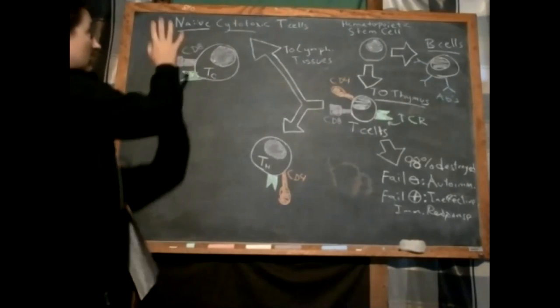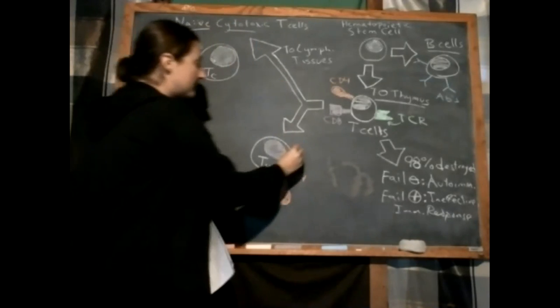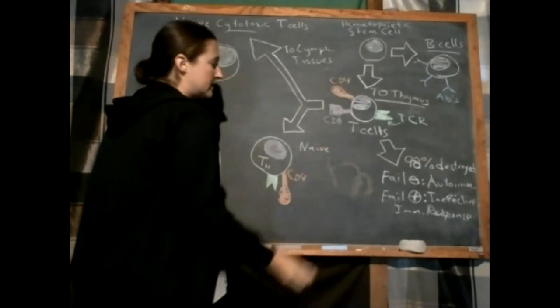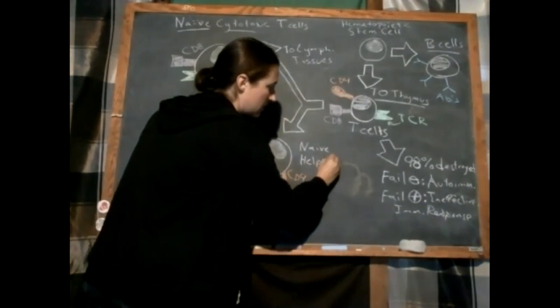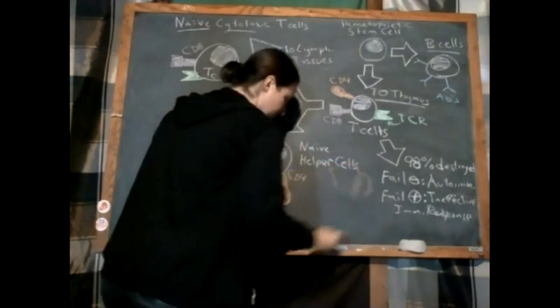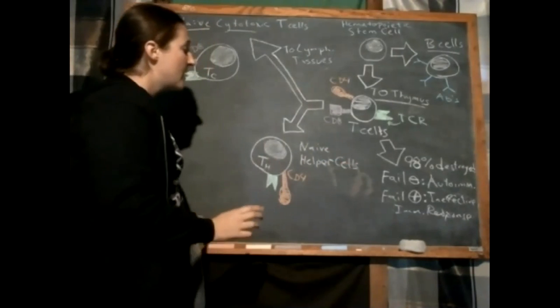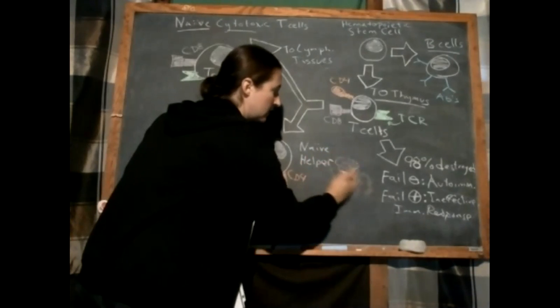And again, these are naive, because they haven't seen what they're supposed to see yet, helper T or T helper cells. Okay, there are other terms, right? There's always more terms for these type of cells.